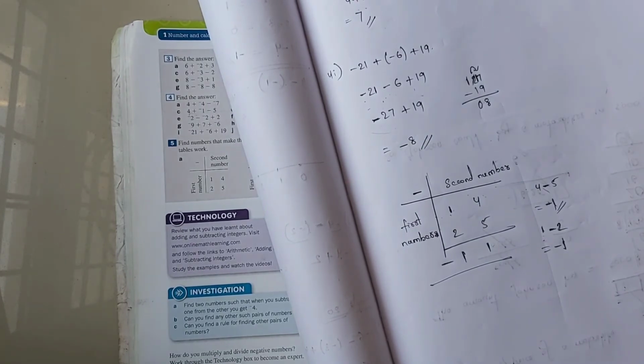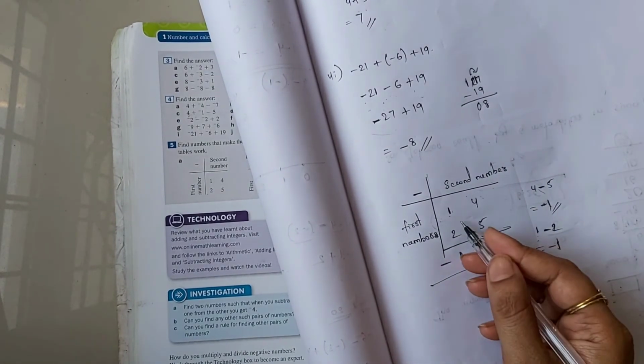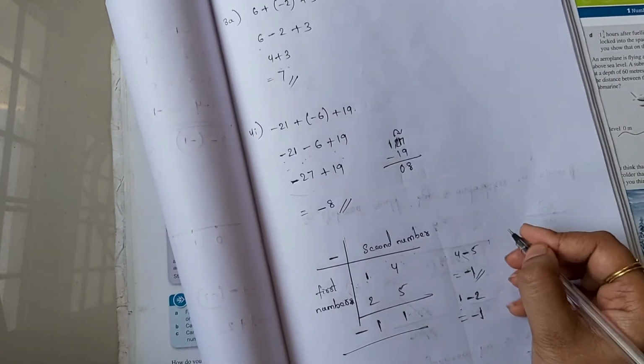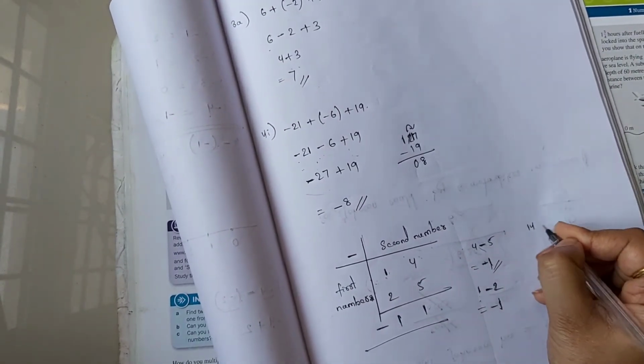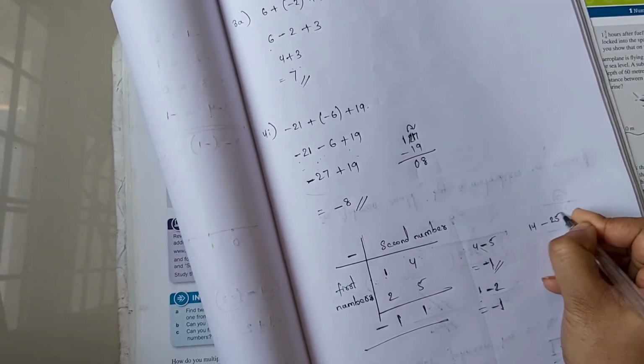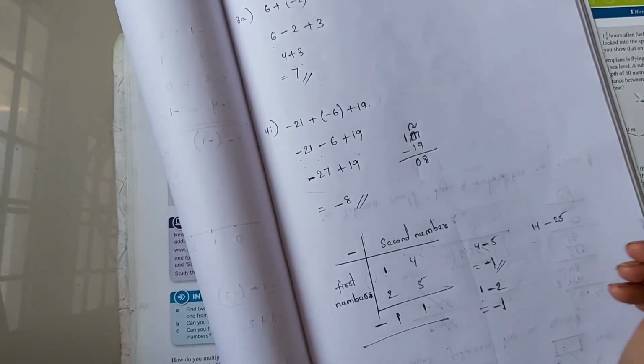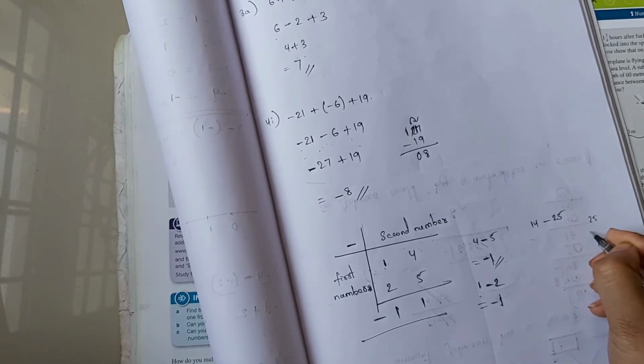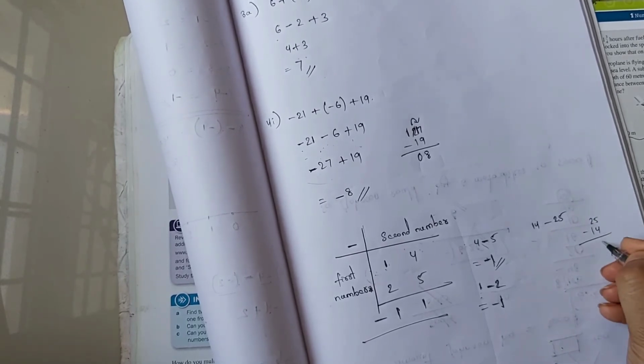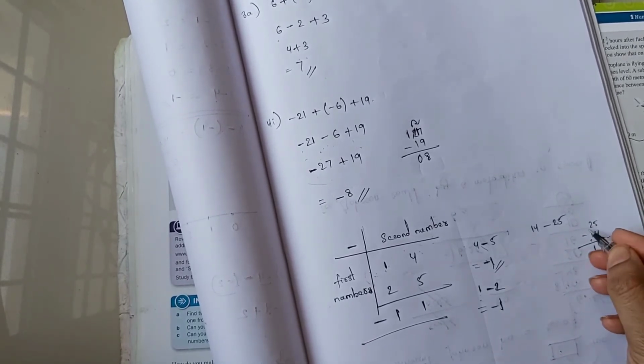Understood? Clear? It's nothing but 14 minus 25, guys. So if you have to do 14 minus 25, how do you subtract this? 25 minus 14. So 25 minus 14 gives us 5 minus 4 is 1, 2 minus 1 is 1.